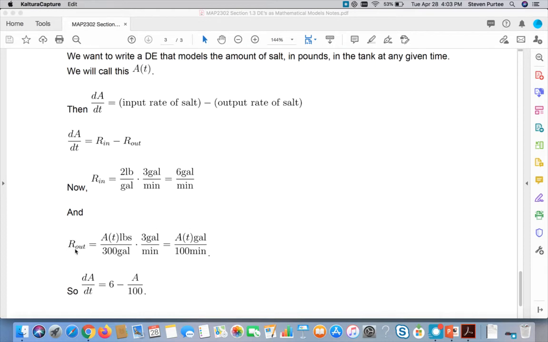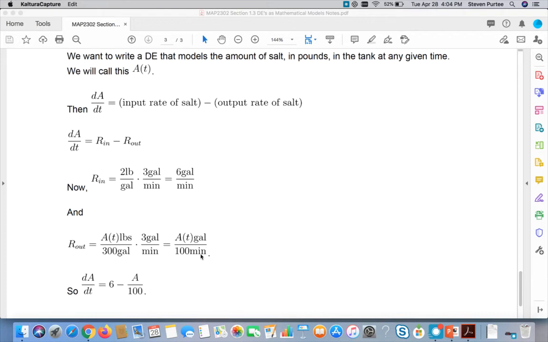Our rate out is the amount of salt in the tank at any given time. The density of salt is the amount we have at that moment divided by our total, 300, times the rate water is flowing out. Gallons cancel out, and this should say pounds. I'll fix the PDF.